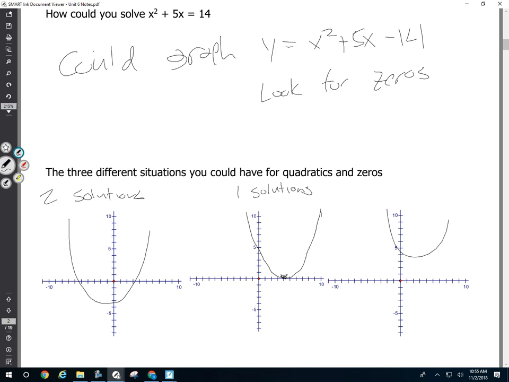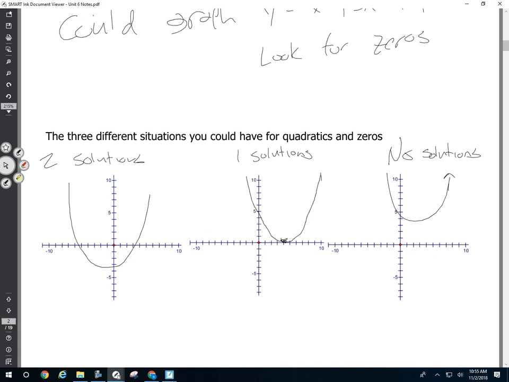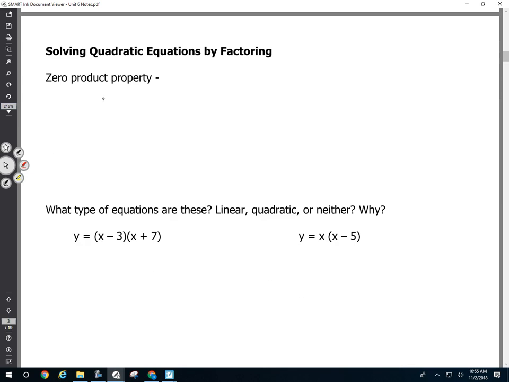Sometimes quadratics we won't be able to solve. They will never cross the x-axis. And we'll have situations similar to what we did with lines intersecting in systems. Sometimes we'll have no solutions. So be ready for potential situations where there's only one answer, or two answers, or no answers at all. Most of ours that we will be doing in this class will have two solutions.